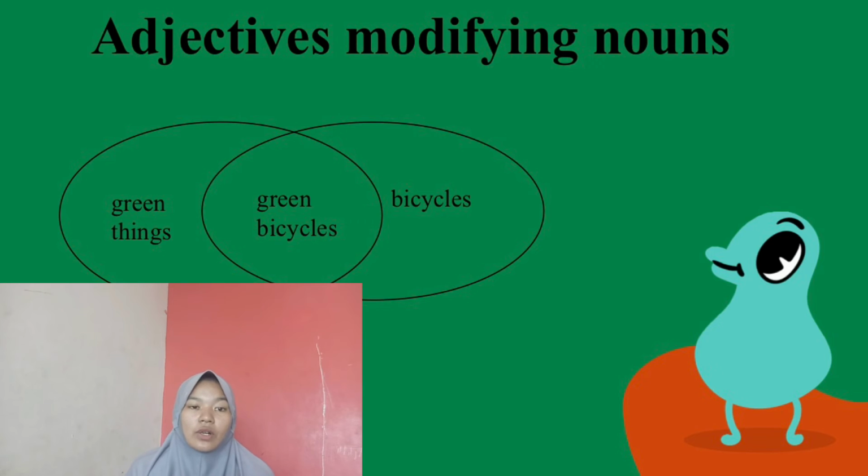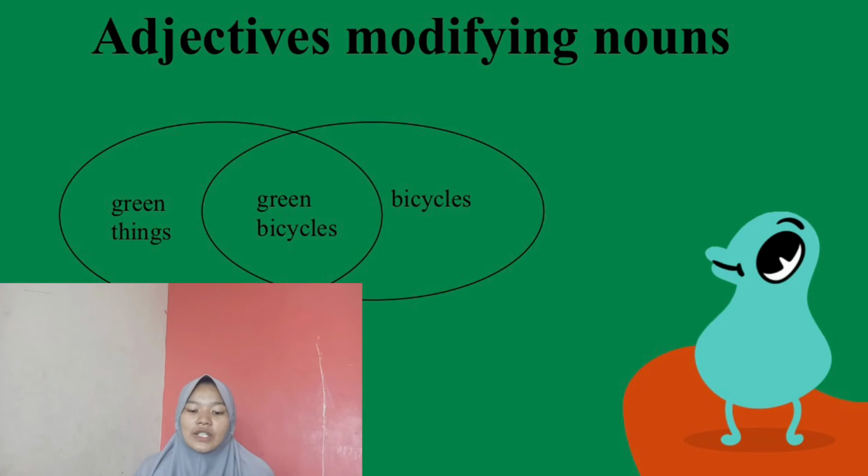Okay guys, we are going to the next topic, adjectives modifying nouns. First, let's see the picture. From the picture, we know the left-hand oval represents the set denoted by green, all the green entities that there could be. The right-hand oval represents the set of entities denoted by bicycles, all bicycles.